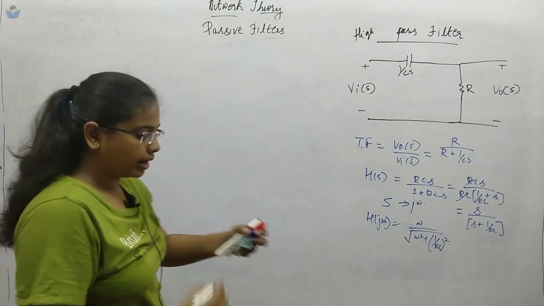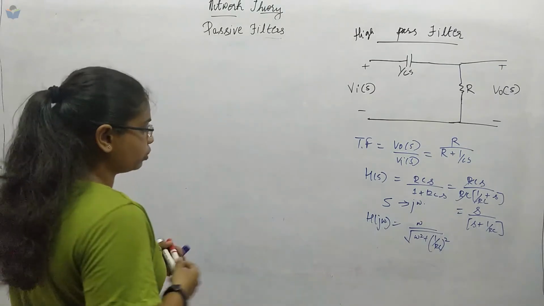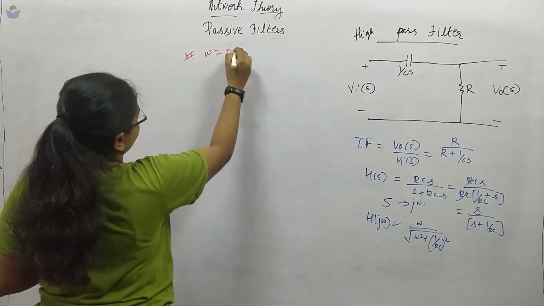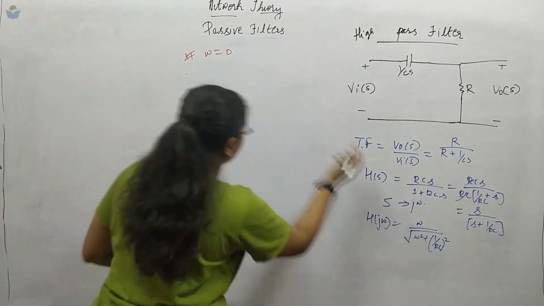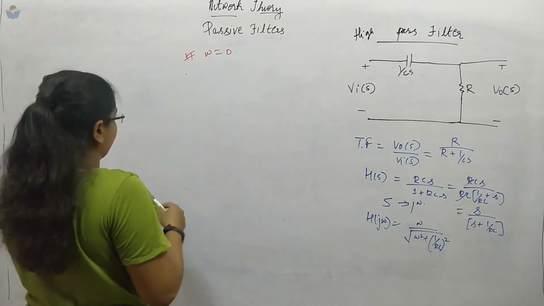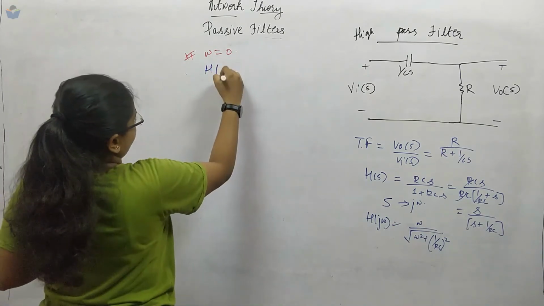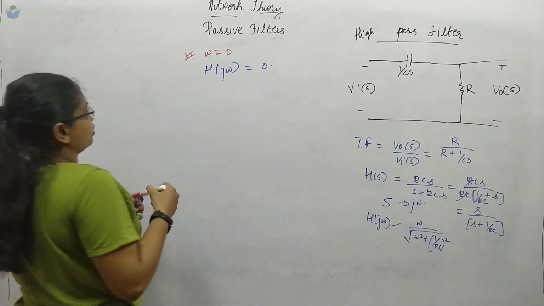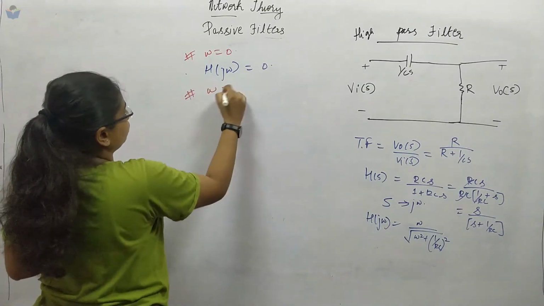Now we will analyze the circuit. For omega equal to 0, you will get H of S as 0. Next put omega equal to infinite.